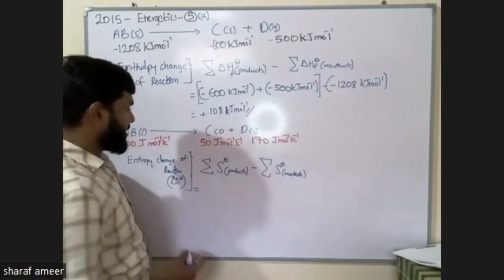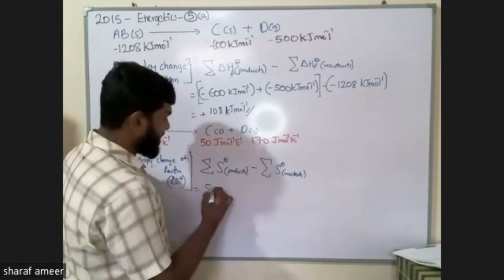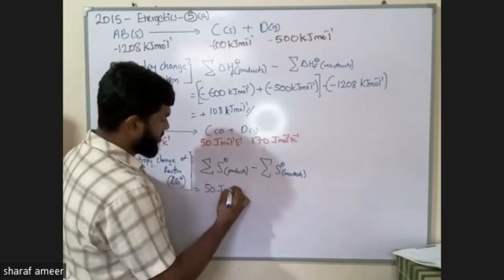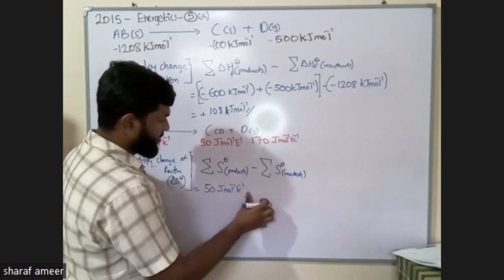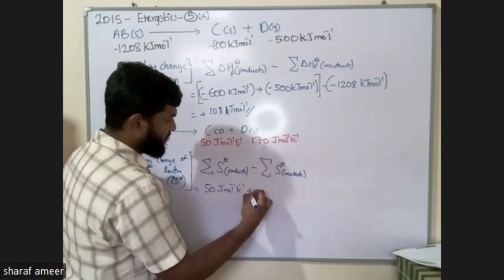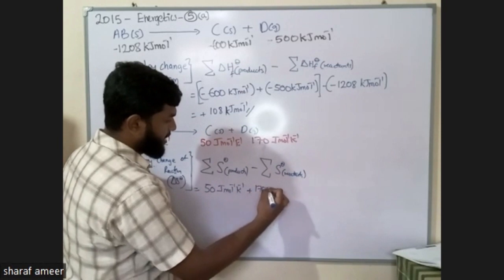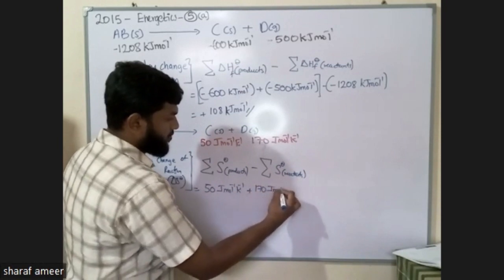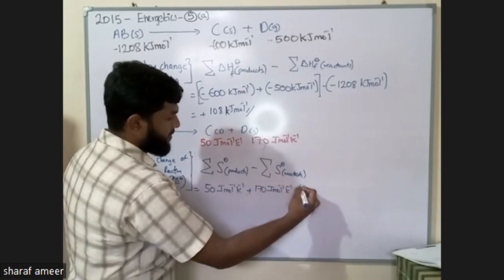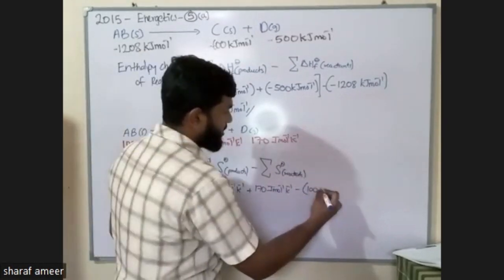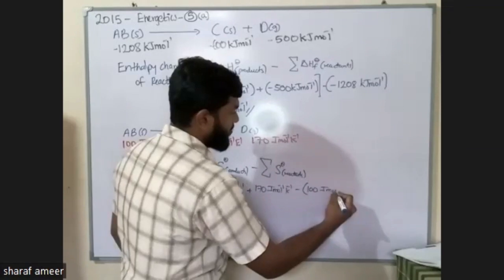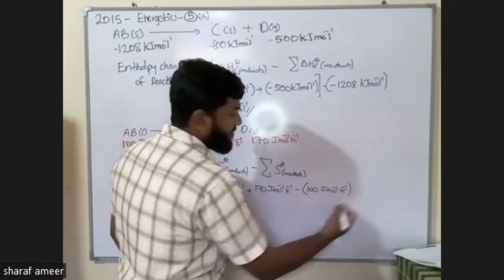So if you equate them, 50 joule per mole per Kelvin plus 170 joule per mole per Kelvin minus bracket 100 joule per mole per Kelvin.